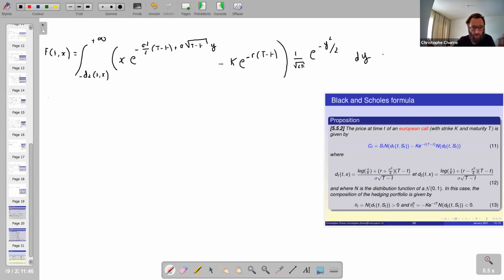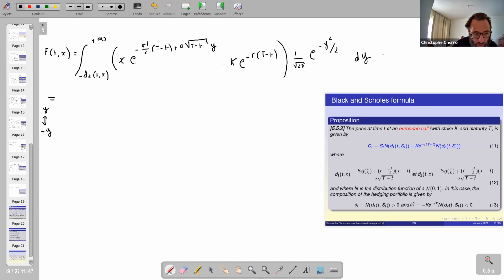The first thing we are going to do here is to change the variable in order to make this integral go from minus infinity to some bound, because I want to make the distribution function of N(0,1) appear. So I do this change of variable: I change y into minus y here.